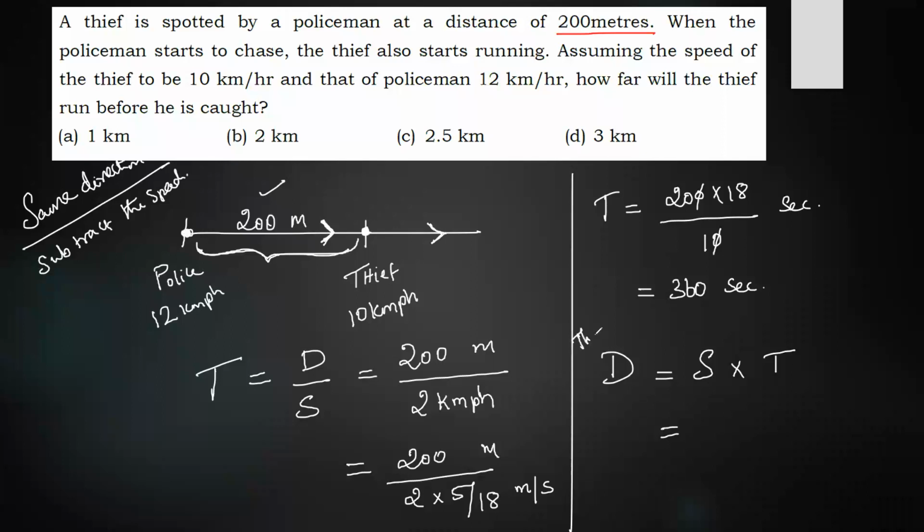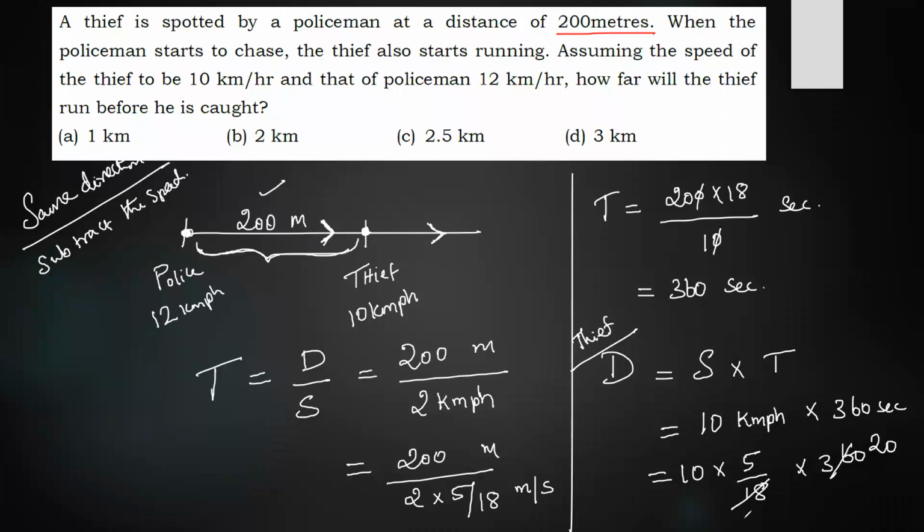We need to find the distance, right? What the actual question is: how far will the thief run before he is caught? Distance equals speed into time. What is the speed of the thief? 10 km per hour.